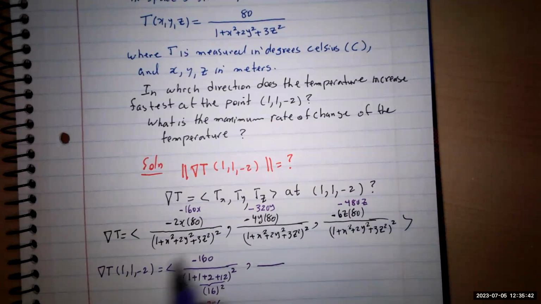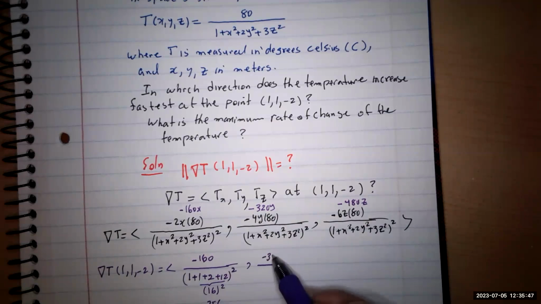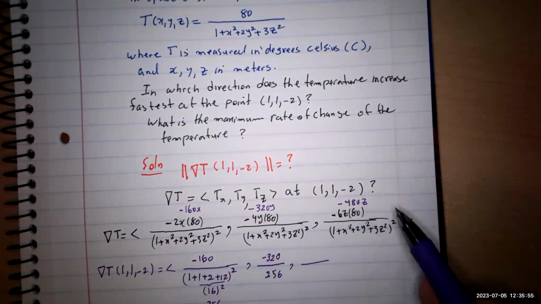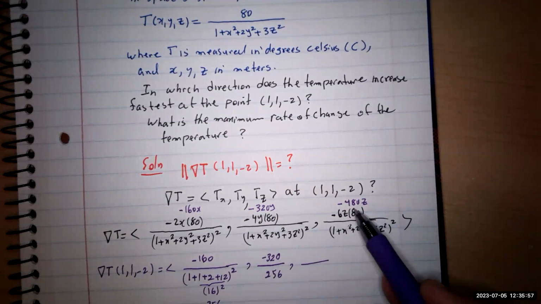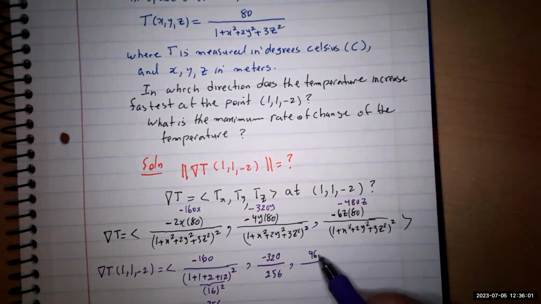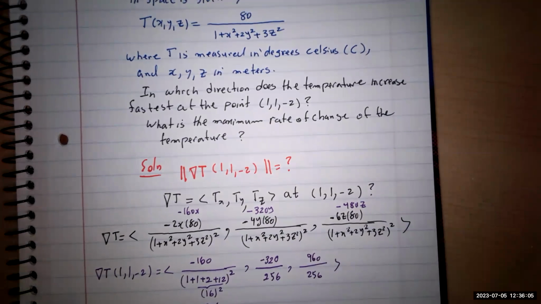y is equal to 1, so that would be easy. On the top, we get negative 320, and the bottom one is 256. Okay, and this next one, z is equal to negative 2. Negative times negative would be positive, 2 times 480 would be 960, over 256.